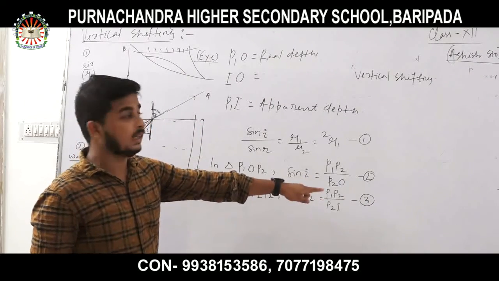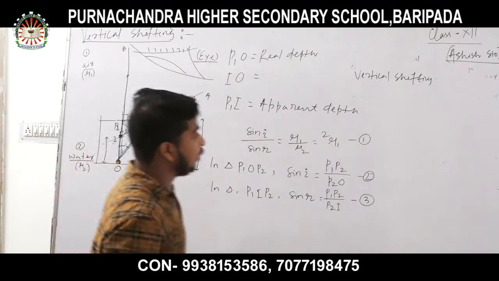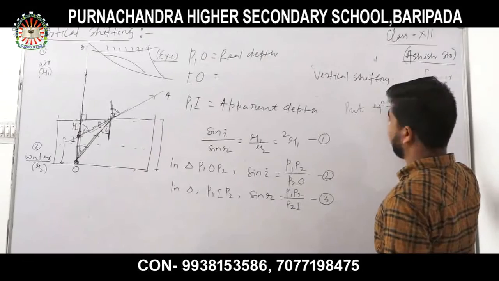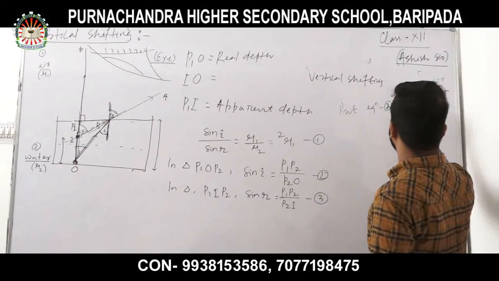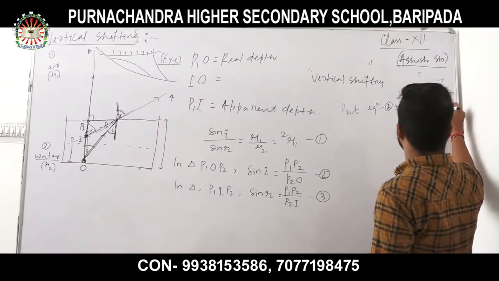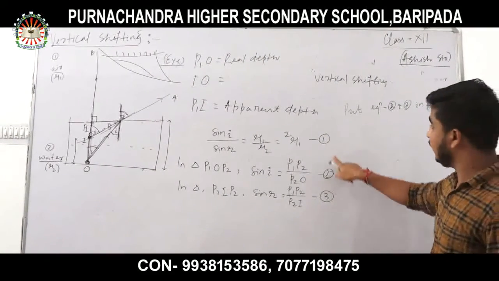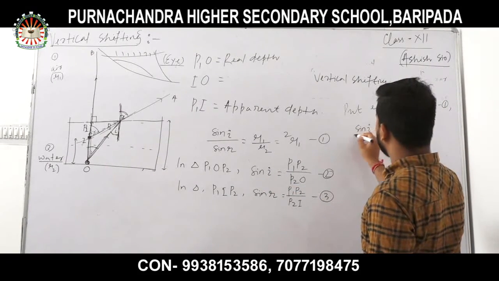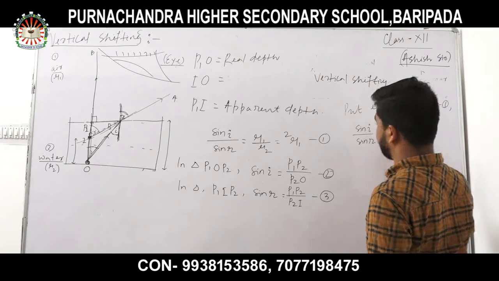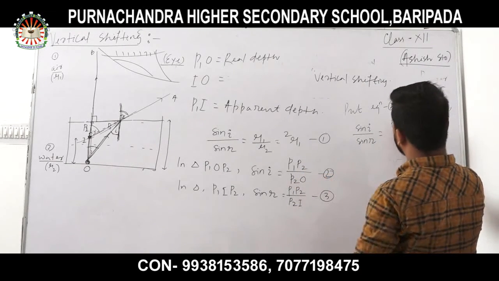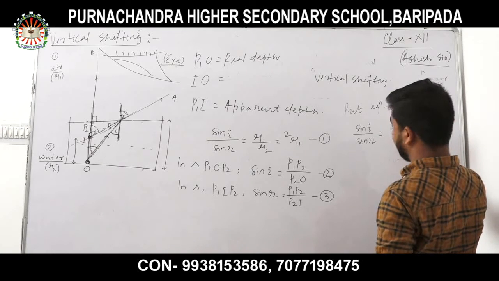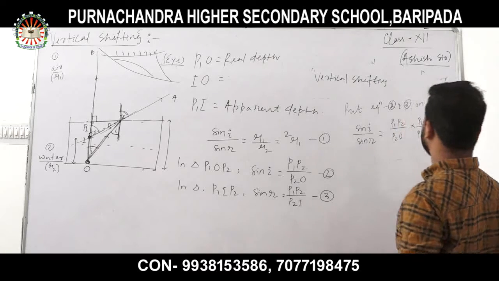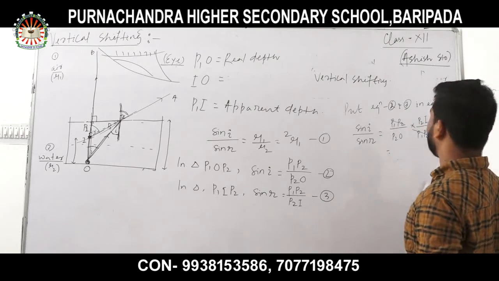Now put equation 2 and 3 in equation 1. So sine I by sine R is equal to P1P2 upon P2O into P2I by P1P2. P1P2 and P1P2 will cancel each other.